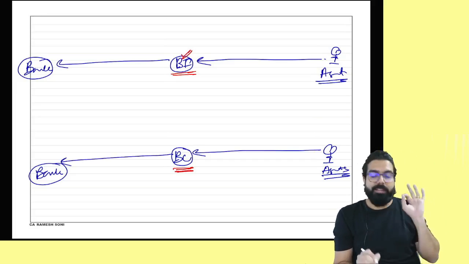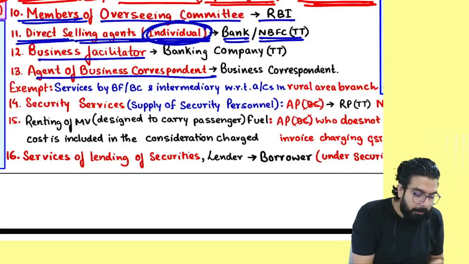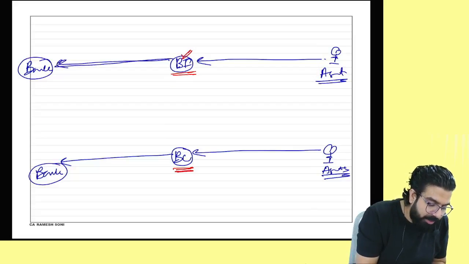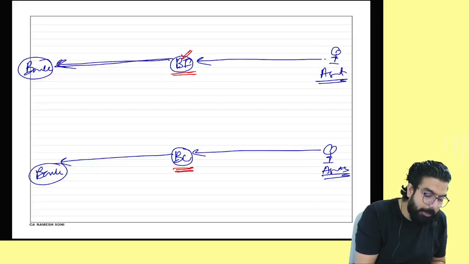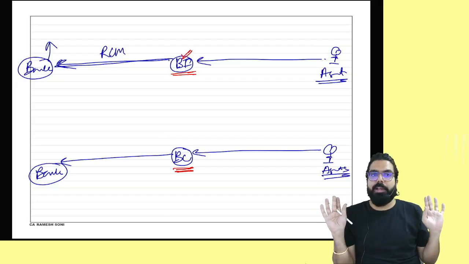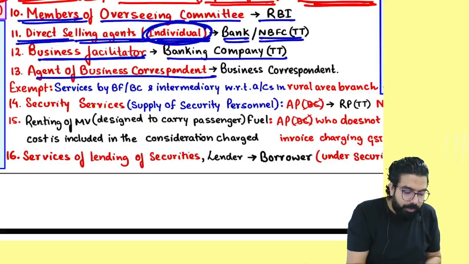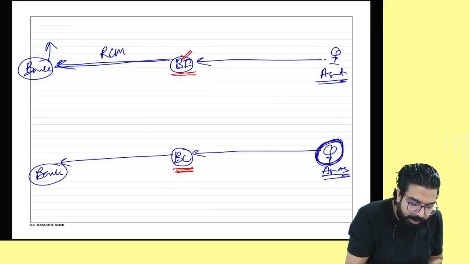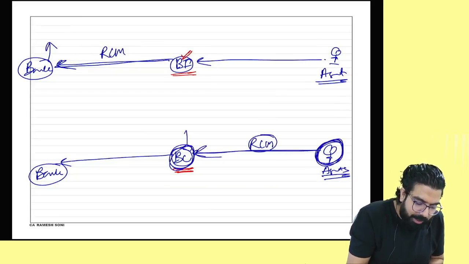Bank. Listen to me very carefully. Whenever a business facilitator gives services to a banking company, RCM is applicable. The banking company will pay. Clear? Secondly, whenever an agent of a business correspondent is giving services to the business correspondent, then RCM is applicable, the correspondent will pay.